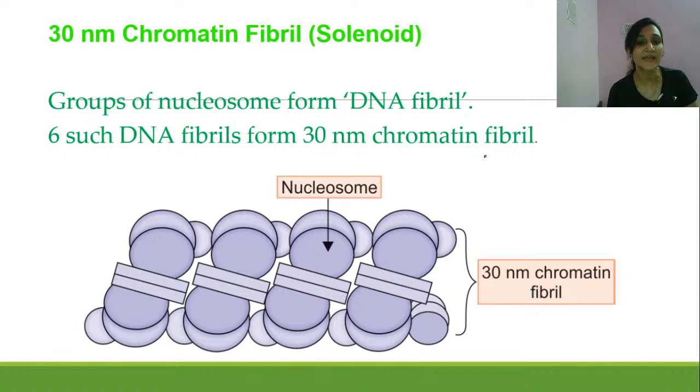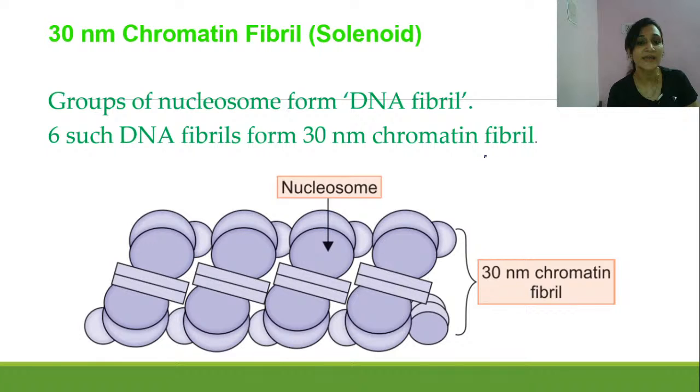They are less densely packed, they are loosely packed because they need to perform transcription and then translation. When they are loosely packed, they will take stain in a very light manner. They will be stained lightly.